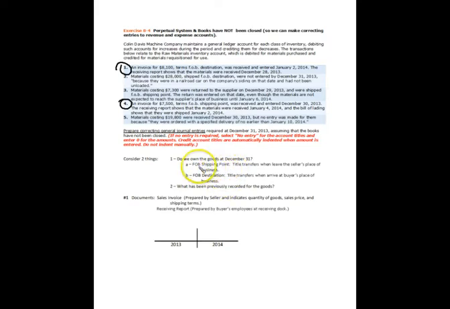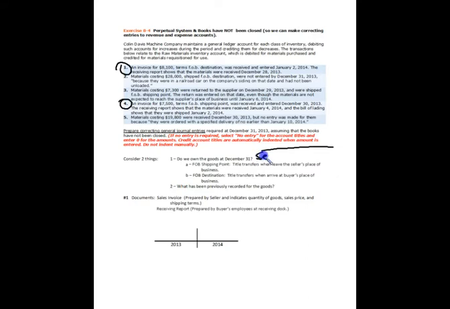FOB shipping point, FOB means free on board, but shipping point is when legal title will transfer. So title transfers when it leaves the seller's place of business. That's the shipping point, at the seller's place of business. FOB destination is the buyer's place of business. So if the shipping terms are FOB destination, then title transfers at the buyer's place of business.